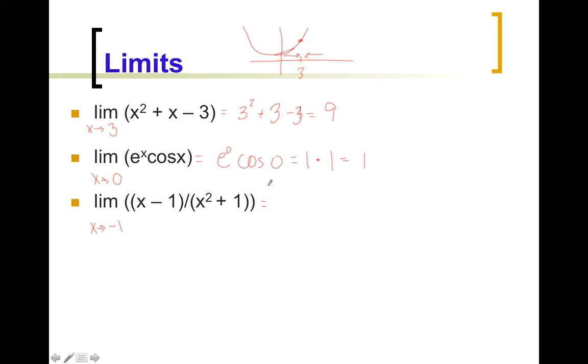So I get -1 minus 1 over (-1) squared plus 1, and I get -2 over 2, which is -1. So as x approaches -1 for this function, the y value approaches -1. Yes, if I just plug in 3, I get 9, so it's actually the coordinate (3, 9), but we're really talking about what happens as x gets really, really close to these values.